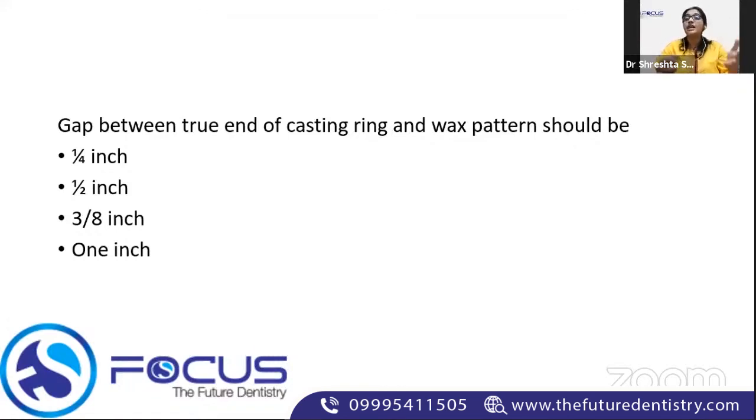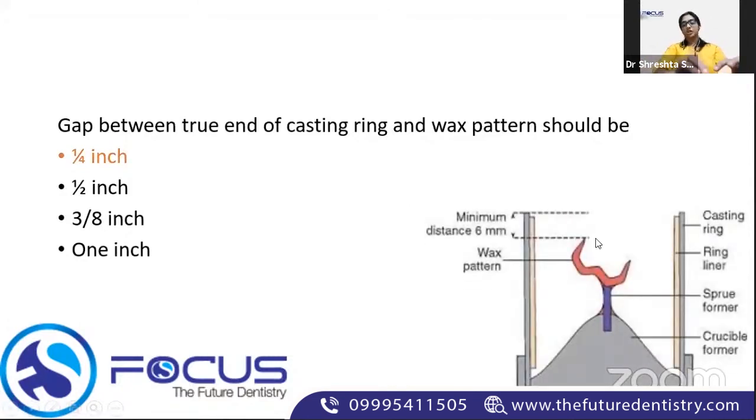Or sometimes they can ask you in millimeters, so that is going to be 6 millimeters. In this picture, you can see the 6 millimeters from the ending of your investment to the top of your wax pattern. You should ideally have a 6 millimeter space. Otherwise, your investment is going to crack, and there are going to be casting defects associated with that.